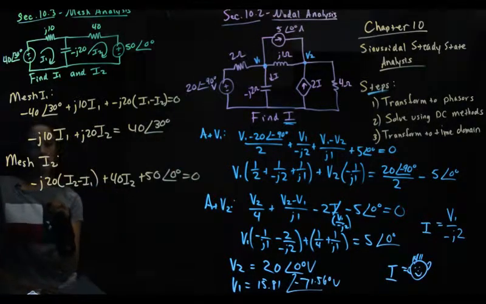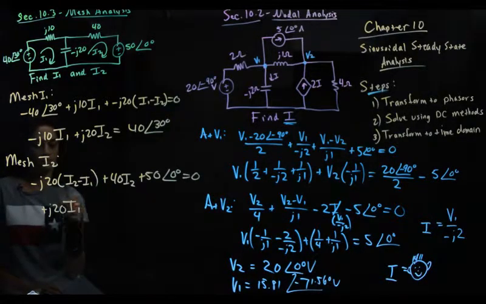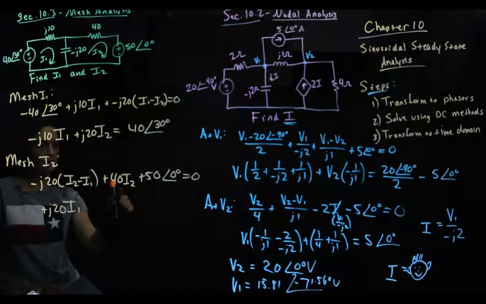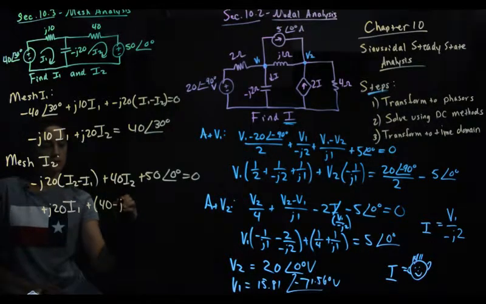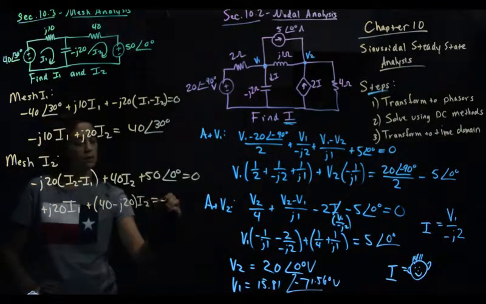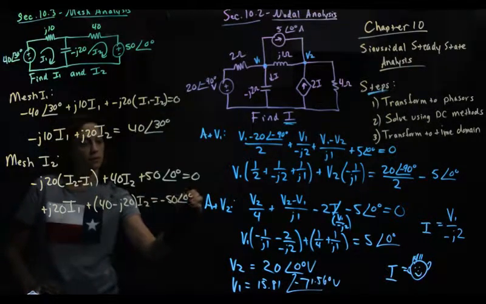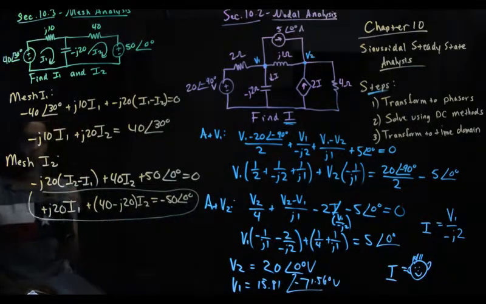Combine my like terms again. Plus J20 I1, minus J20 and a 40, so 40 minus J20 I2 equals minus 50 angle of 0 degrees. So here are my two equations.